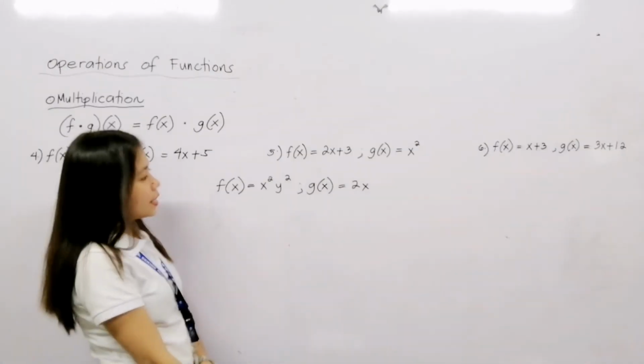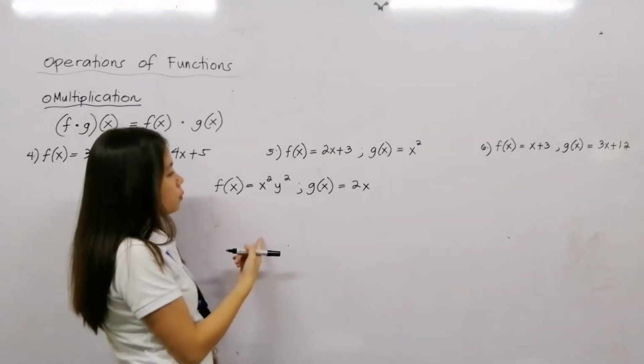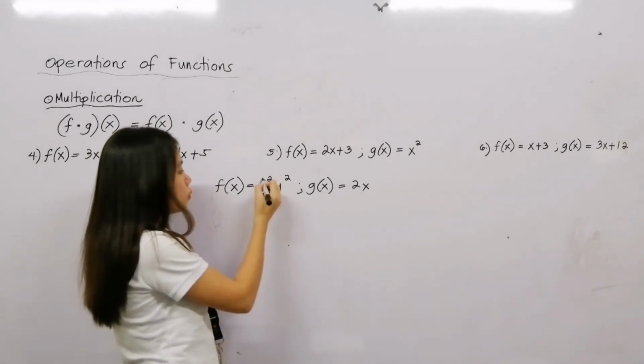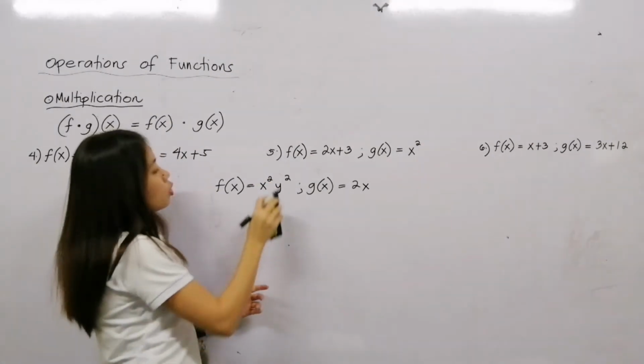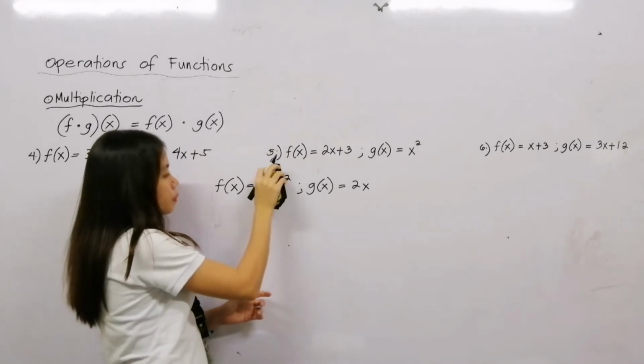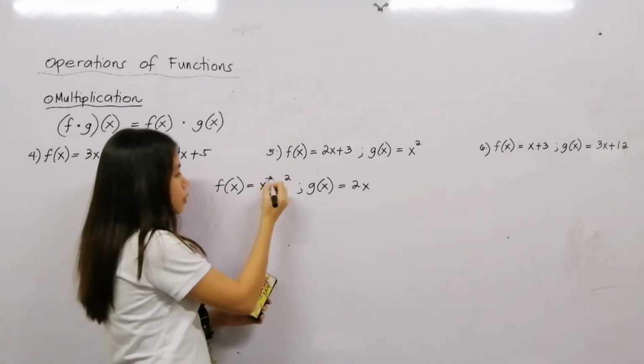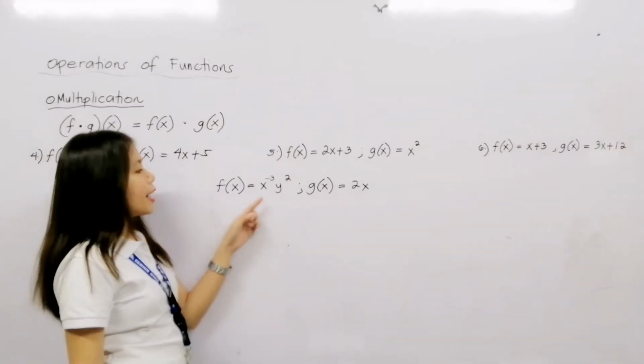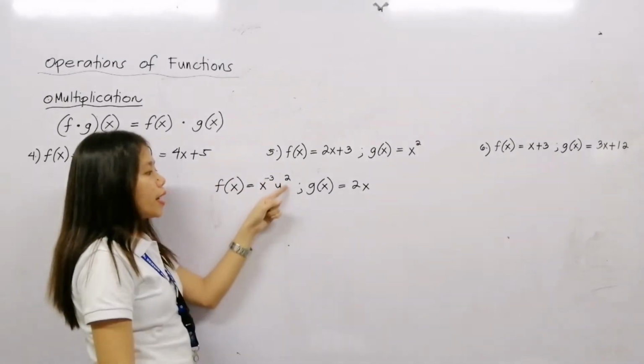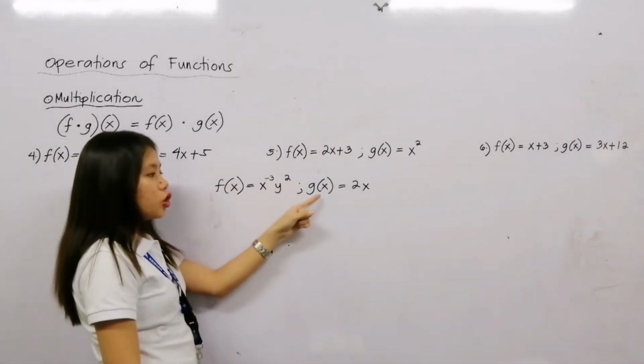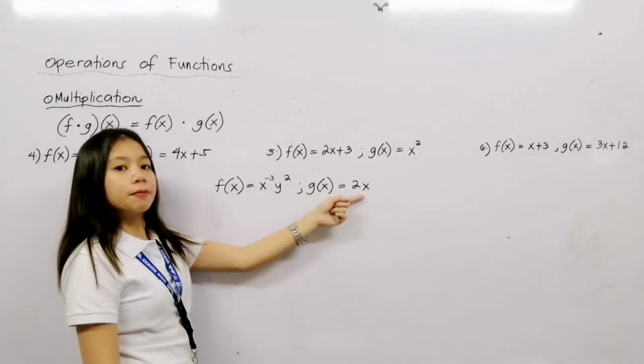What if class, gawin ko po itong negative 3? We're gonna have x raised to negative 3, y squared, and g of x natin still 2x.